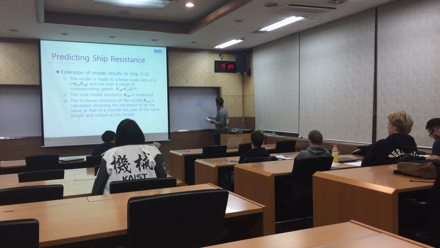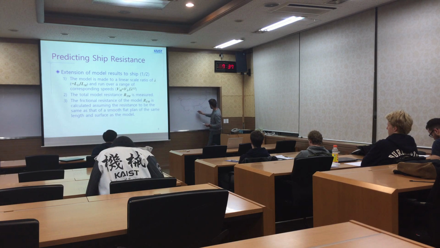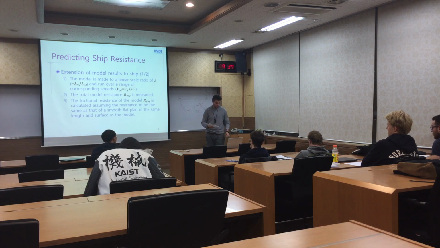And when you have those two, you can easily calculate the energy you lose by the wave making. So the complicated term is just these two. That's basically his hypothesis. So in the end, quite easy to understand.